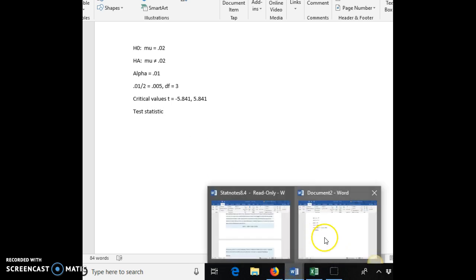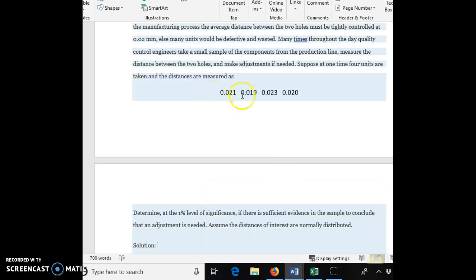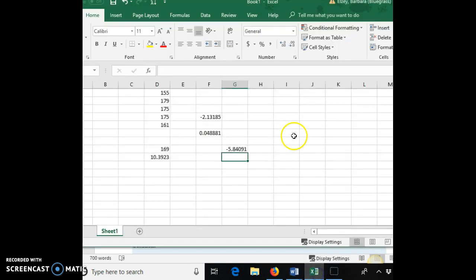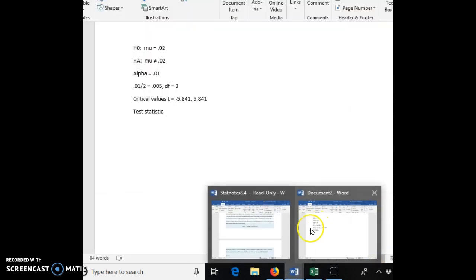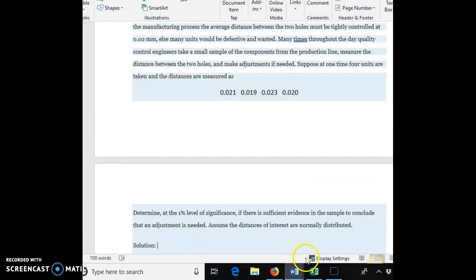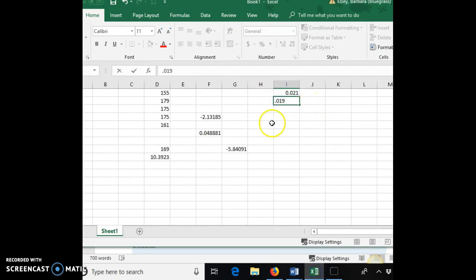So let's take our 4 pieces of data and let's put all 4 of these into Excel. 0.021, 0.019. And then my other 2 were 0.023, 0.020.